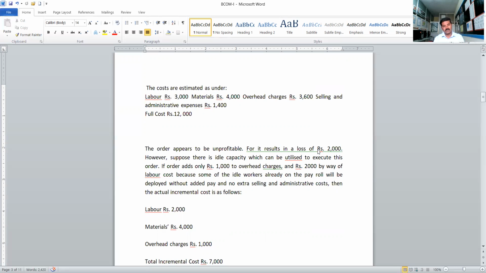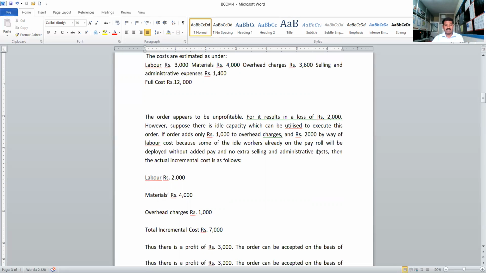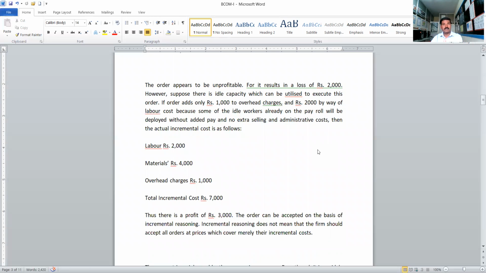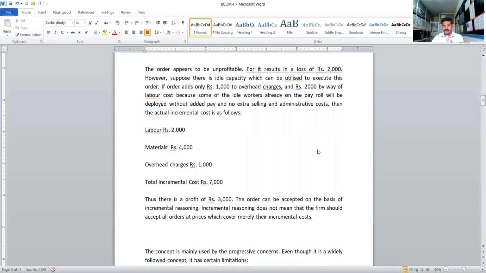If the order adds only rupees 1,000 to overhead charges and rupees 2,000 by way of labor cost, because some of the idle workers already on the payroll will be deployed without added pay, and there are no extra selling and administrative costs, then the actual incremental cost is as follows: labor cost rupees 2,000, materials rupees 4,000, overhead charges rupees 1,000, total incremental cost rupees 7,000.